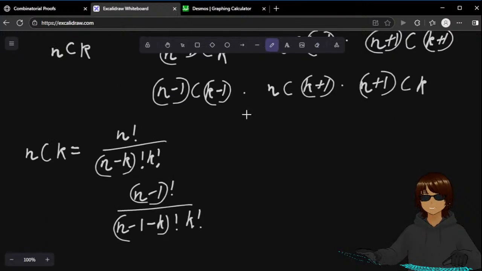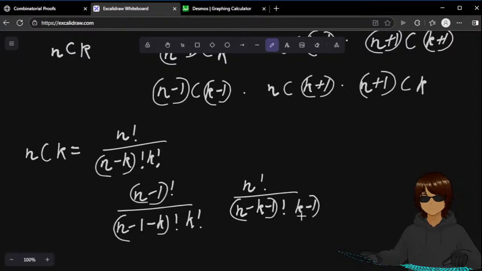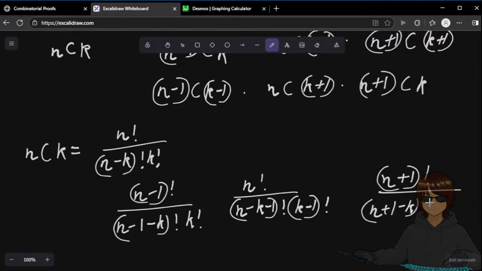So just for the first one, it would be this times n minus 1 factorial times k minus 1 factorial multiplied by n plus 1 minus k factorial and then k plus 1 factorial.